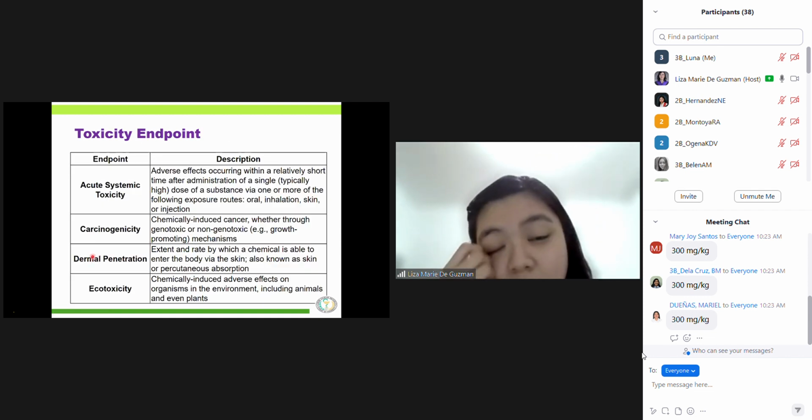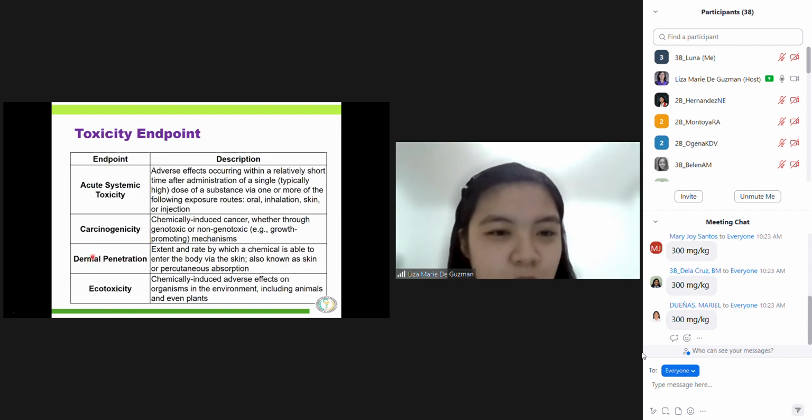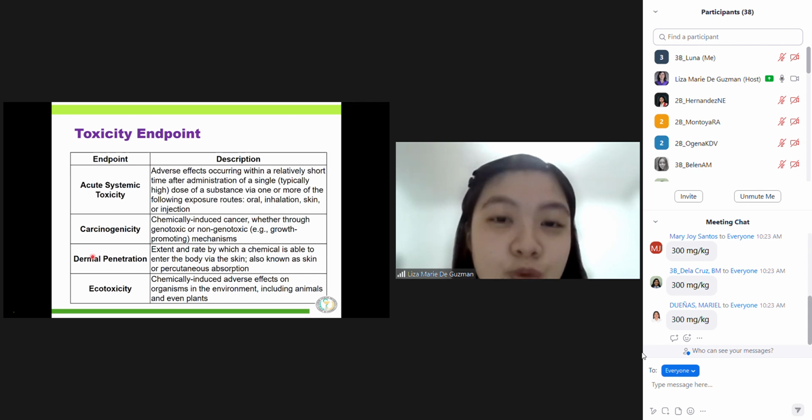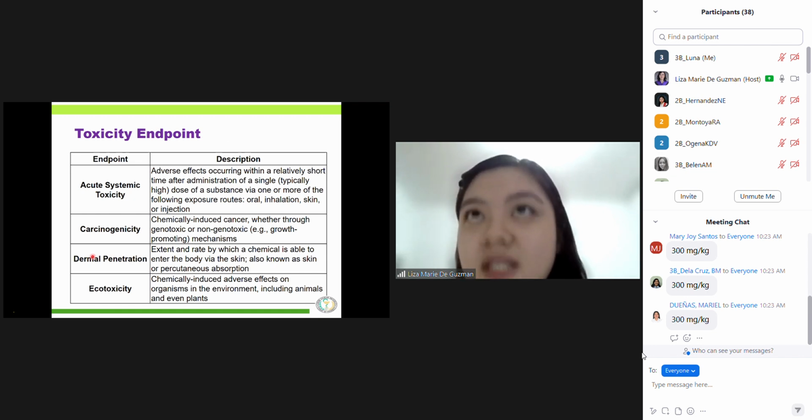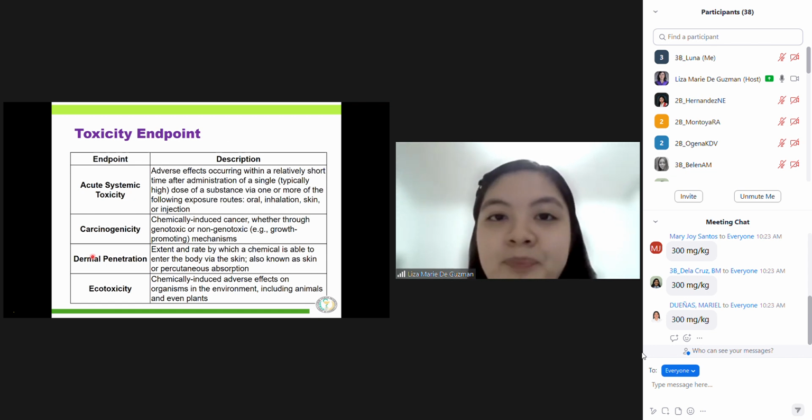And then when we say toxicity endpoints, it would actually help us to determine the specific type of adverse effect of our drug or of our chemical. So when we say toxicity endpoint, it will examine the specific type of adverse effect that a drug or a chemical can produce.